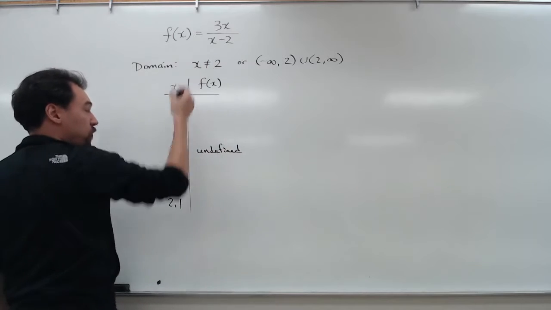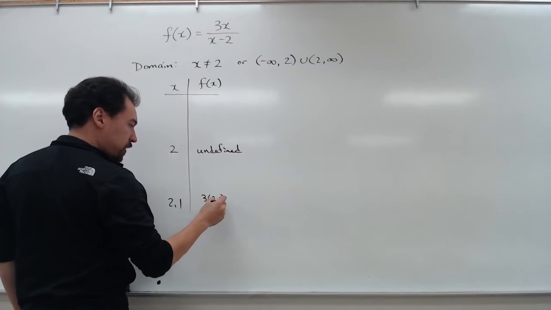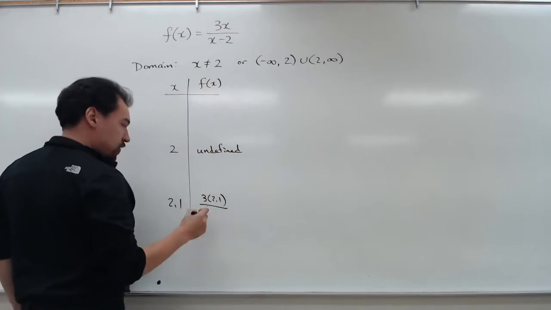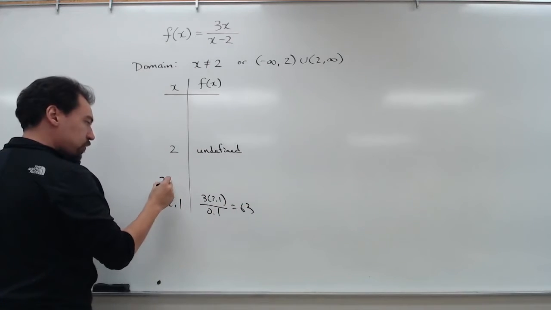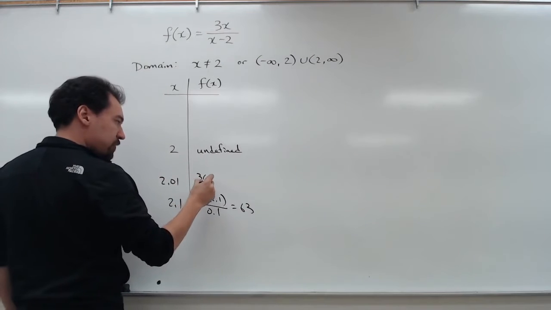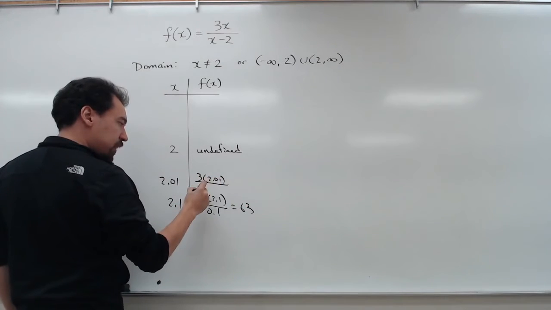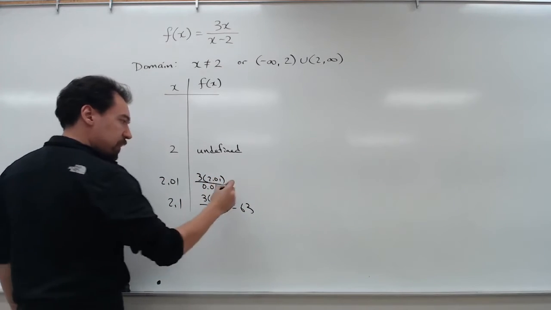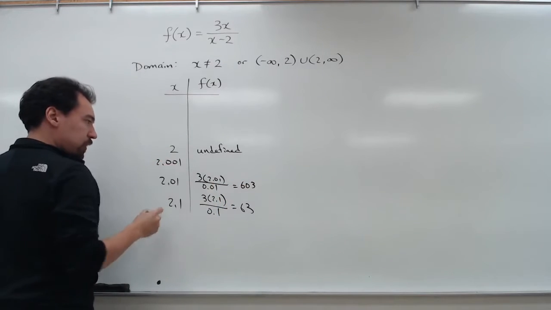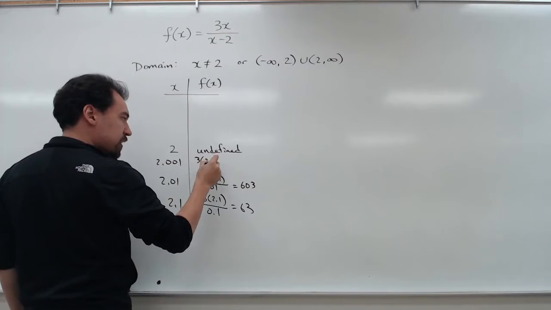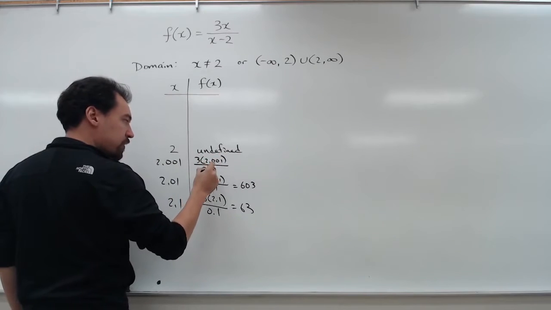If we plug in 2.1, we get 3 times 2.1 over 2.1 minus 2, which is 0.1. That comes out to 63. Then closer to 2, we have 3 times 2.01 over 0.01, which comes out to 603. Closer to 2, now we have 3 times 2.001 all over 0.001.